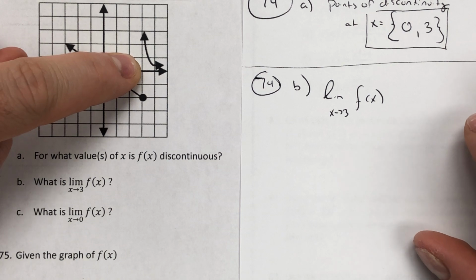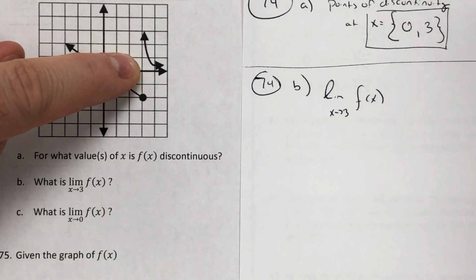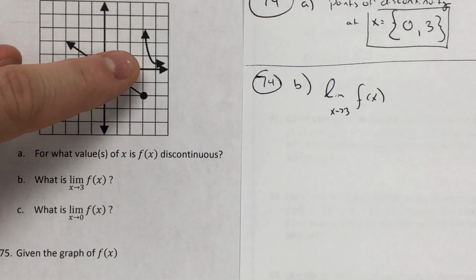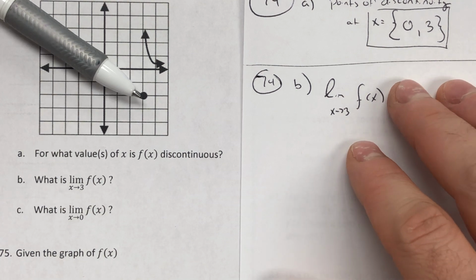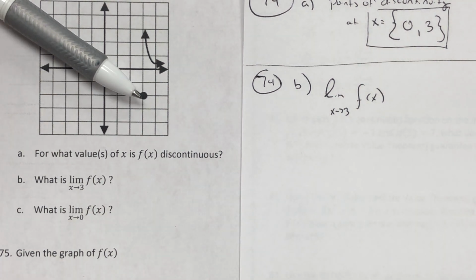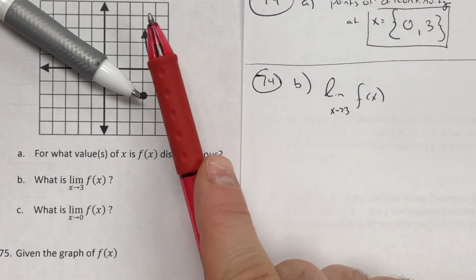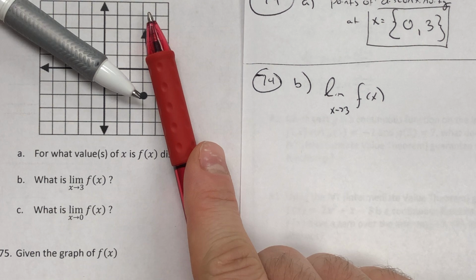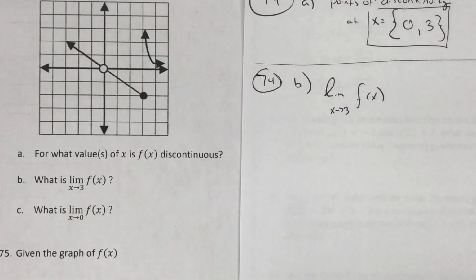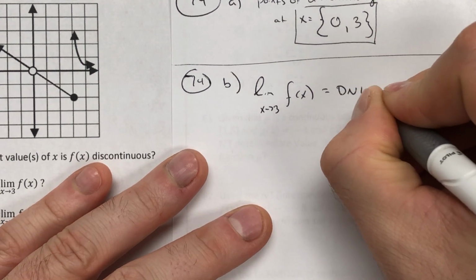Now, in order for there to be a limit, the graph has to be approaching the same value from the left and from the right. And what we see here is the graph from the left of x equals 3 looks like it's approaching the value of y equals -2. However, from the right of 3, this graph is curving up, up, up towards infinity. So they're not pointing at the same number, therefore there is no limit. So the limit does not exist.